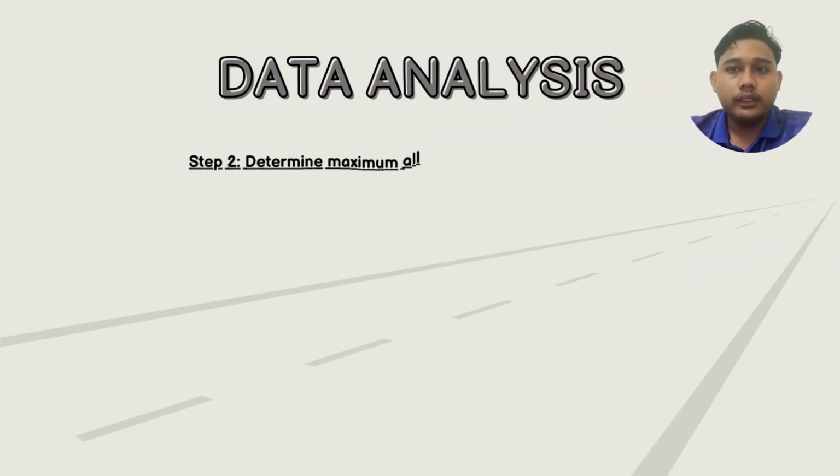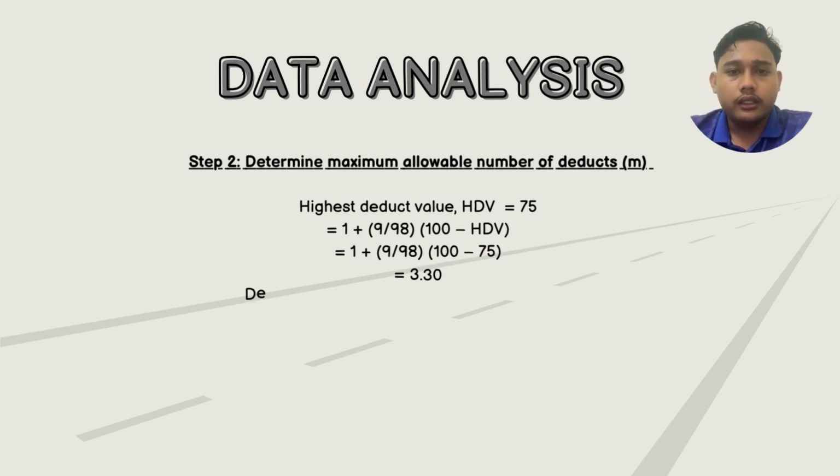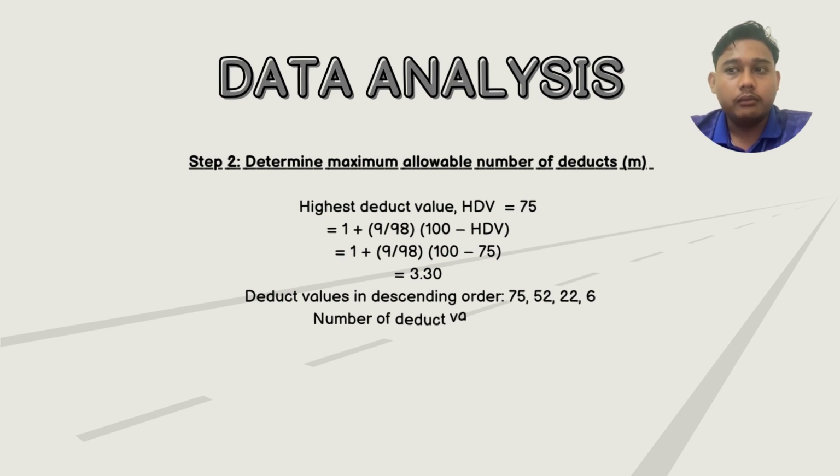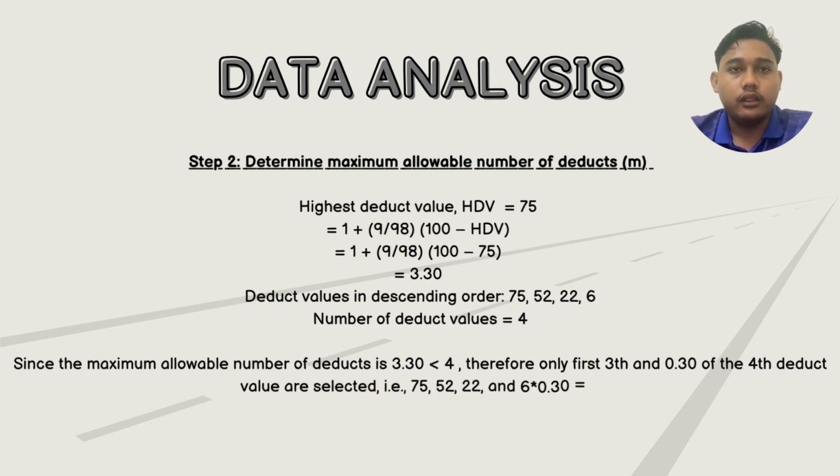So step 2 is to determine the maximum allowable number of deducts. The highest deduct value is 75, and the formula for the maximum allowable number of deducts is 1 plus 9 over 98 multiplied by 100 minus the highest deduct value. The highest deduct value is 75, and we get the answer 3.3.